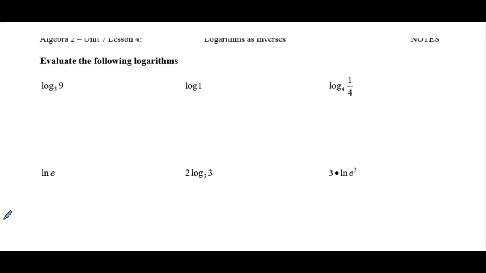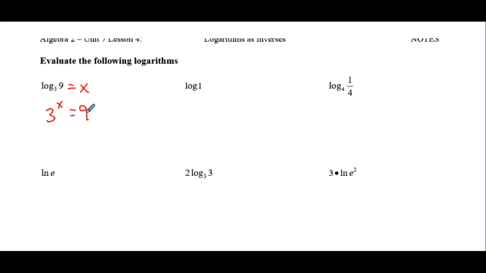All right. When we ask you to evaluate, there's no equal sign, right? I'm just asking you to figure out what it's equal to. So in this case, you are going to be allowed to say, okay, well, this is equal to some number x. So since I understand that this is equal to some number x, I can reevaluate it and say 3 to the x equals 9.